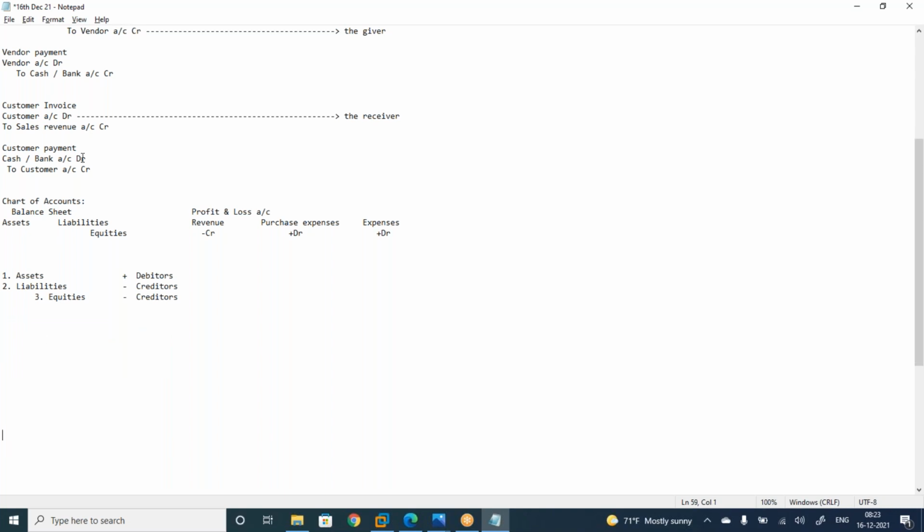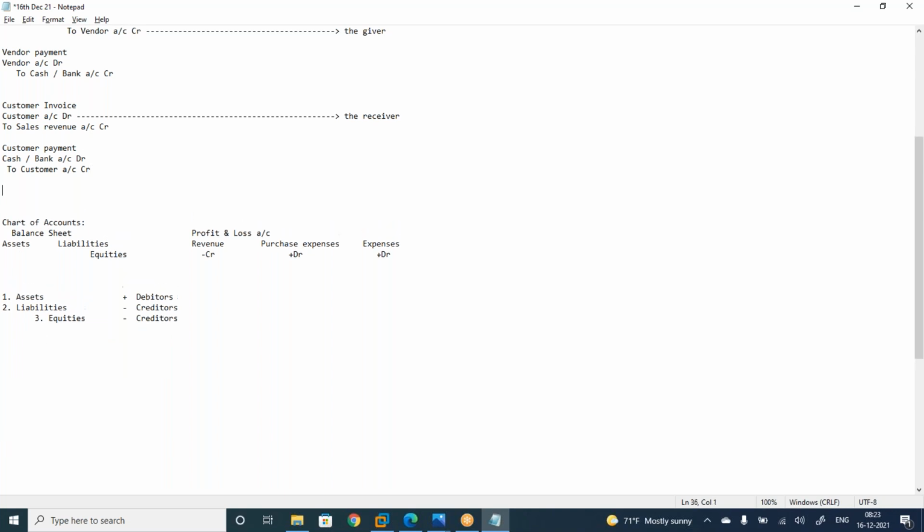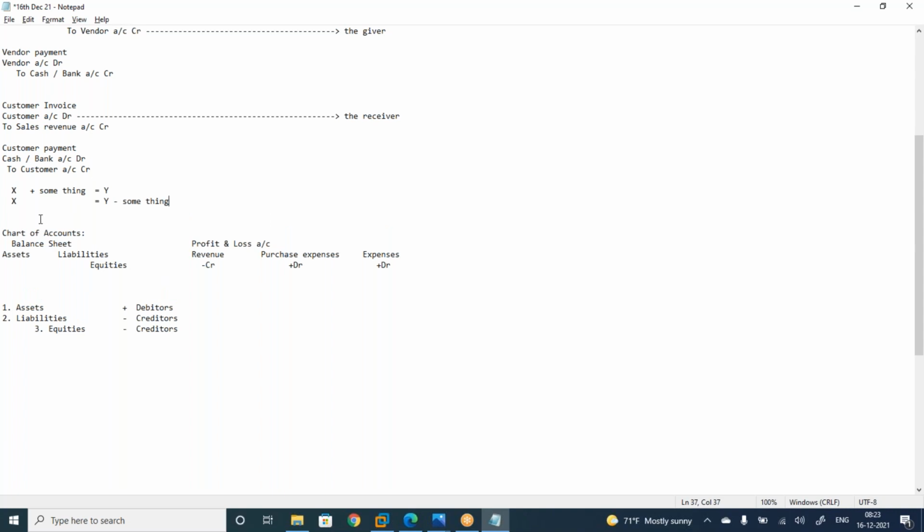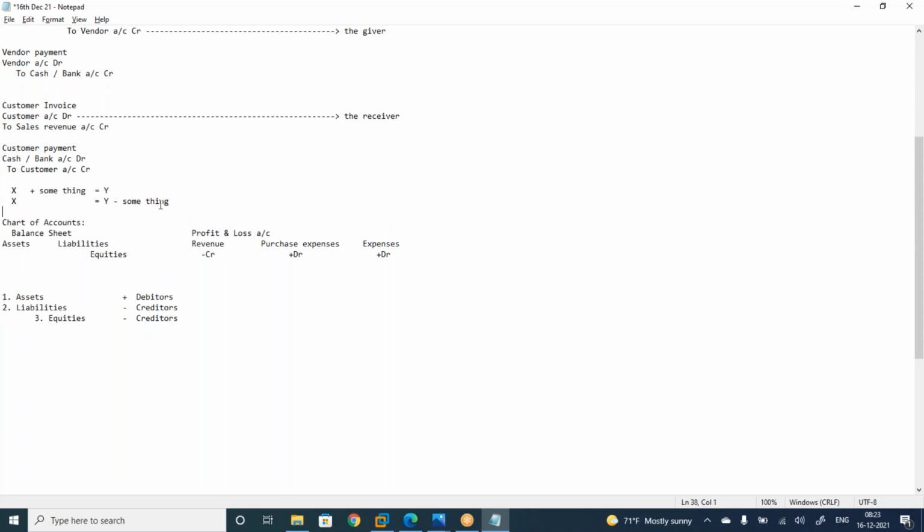Understood? Mathematics people, science people. So revenue is minus, profit is minus, loss is plus. This is quite opposite. You need to adjust your mindset to accommodate this one.